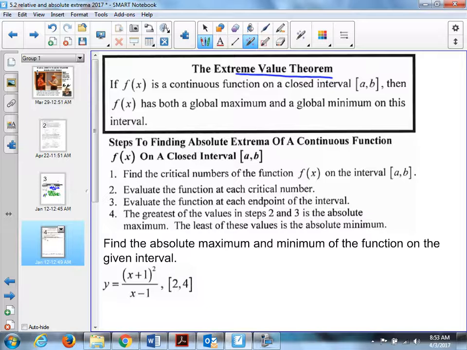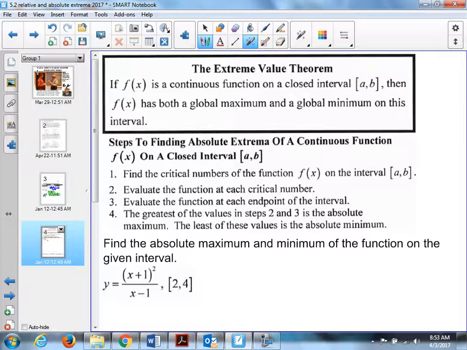If f of x, the function, is continuous on a closed interval, say from 7 to 12, from a to b, then f of x has both a global maximum or absolute maximum and a global minimum, absolute minimum. That's within this interval from, I could say, -1 inclusive up to 3 inclusive. There will be an actual absolute max, absolute min.